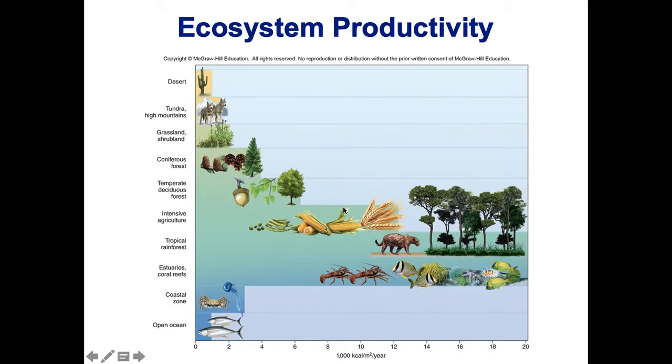Intensive agriculture is also pretty high, and that's because we, as people, engineer it to be as productive as possible. Then we get temperate forests, coniferous forests, and then lower are coastal zones and grassland shrublands, and then really low tends to be the desert and open ocean.